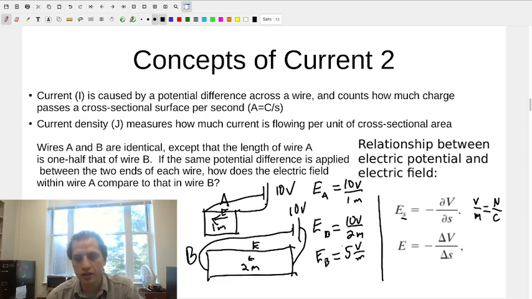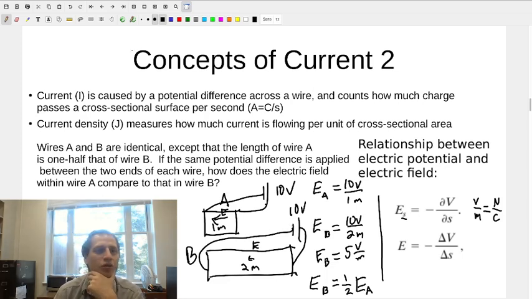So if you just stick in those numbers, I hope it's easy to see that E_B is about 1/2 of E_A. So the electric field is going to be lower in the second case, but whether or not that changes the current, you have to think about the overall resistance rather than just the electric field.